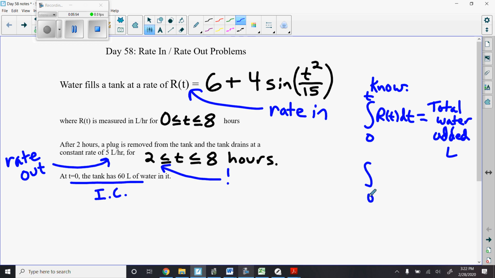Integral from 0 to t of 5 dt. Well, if the integral of the rate in gives how much water was added, by the way, look at what I did there. I said 0 to t. I shouldn't say 0 to t because 0 isn't when the rate out starts.